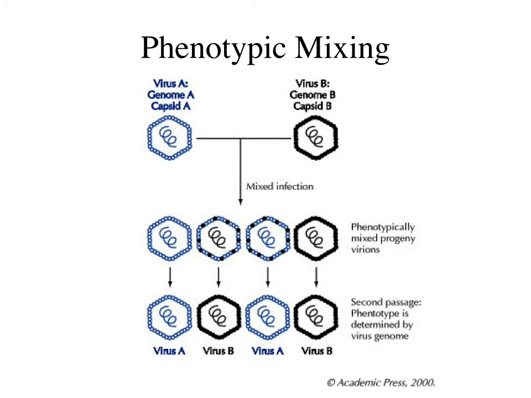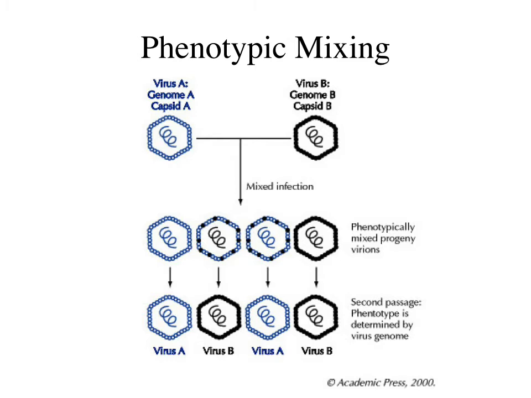And when you look at the progeny that results from these mixed infections, you'll see that they're phenotypically mixed. And this is indicated by the different colors of capsid proteins inside the individual capsids.